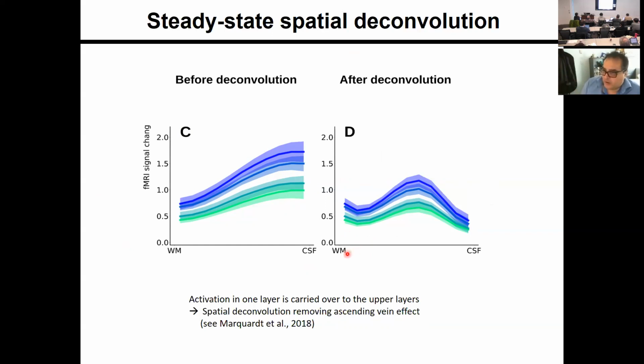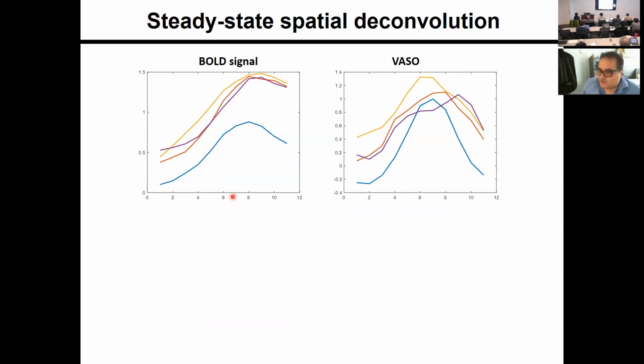Now, we also applied it to VASO data, which was given by Renzo and his collaborators. This is the BOLD signal. Sorry, the figures are not very nice because I just created them in MATLAB. Left is white matter, right is CSF, BOLD signal for different conditions. They have also measured VASO. Let's just look at the orange curve.